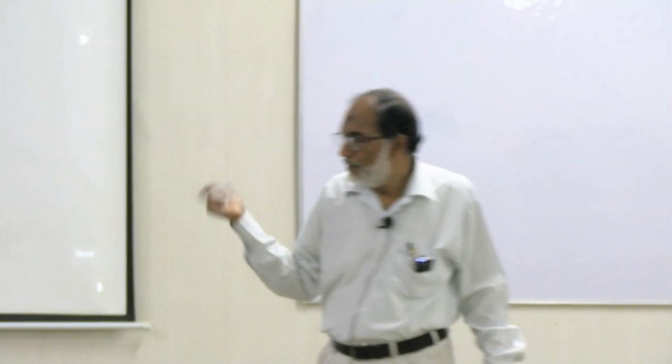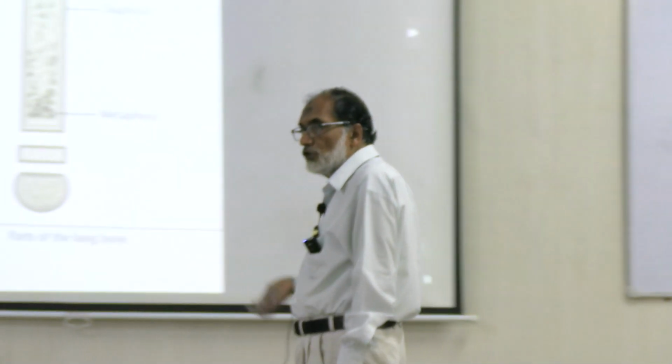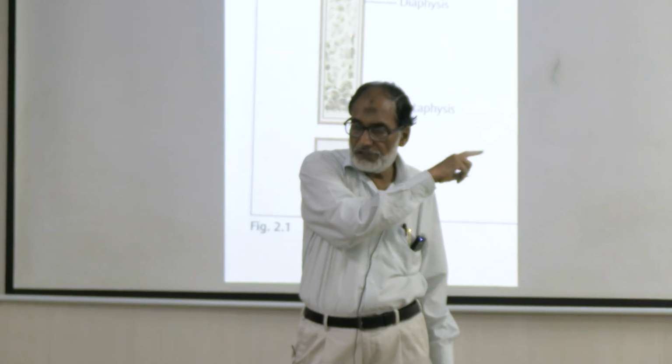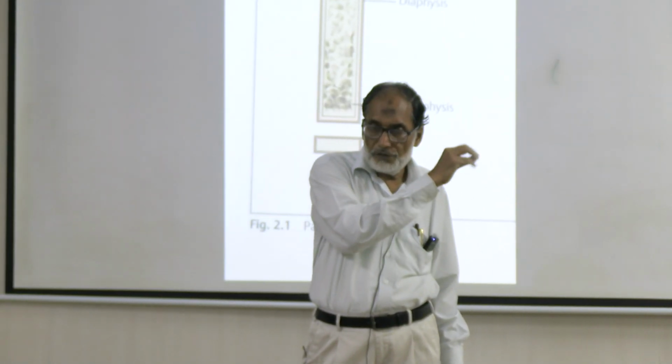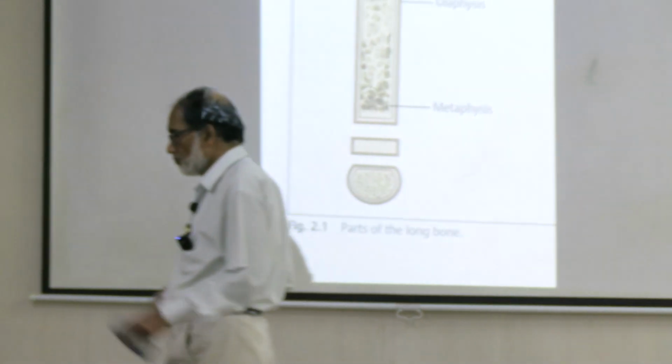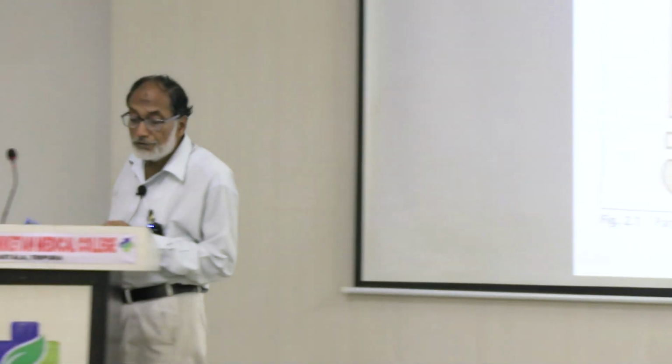In layman's terms it is cancer, so this is bone cancer. This area is prone to develop these two kinds of bone tumor. So these are the few lines on the metaphysis.